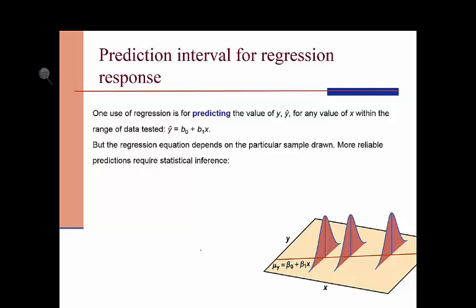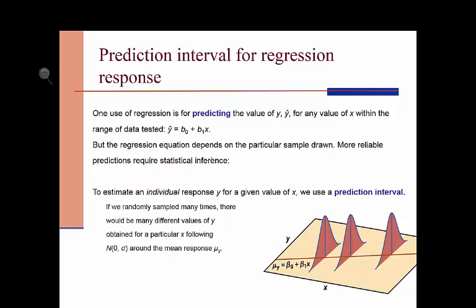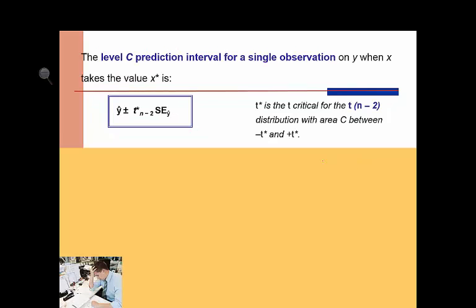A prediction interval on y hat is an interval for any y given x. It's not on average y, it's on any y. And therefore, it's computed a little bit more differently.